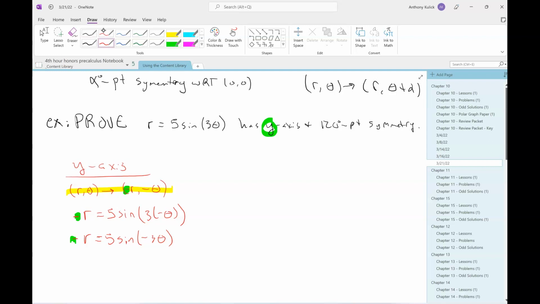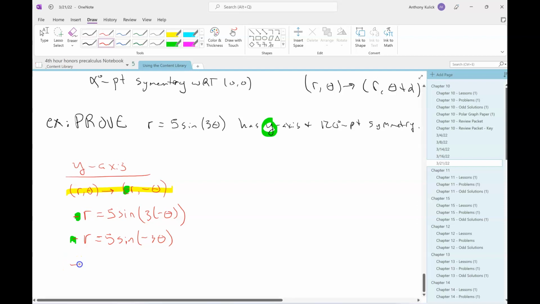Anyways, it doesn't change the reasoning. I see an identity I can use. Can anybody tell me what identity it is? It's one of the odd-even identities. Sine of negative theta is equal to negative sine theta.